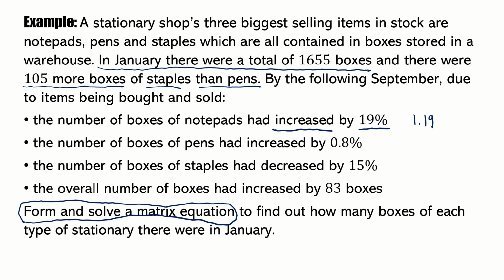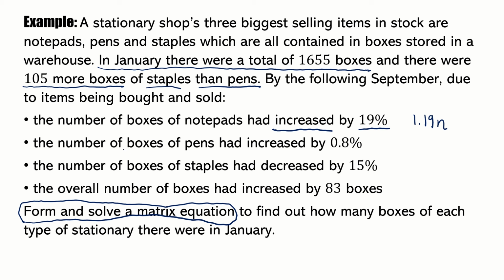That would mean we'll have the 100% we had before plus the extra 19%. But the thing is, we don't know how many we had before, but we do have a letter representing it. So this individual sentence here is telling us that we now have not just n boxes of notepads, we have 1.19n boxes of notepads.